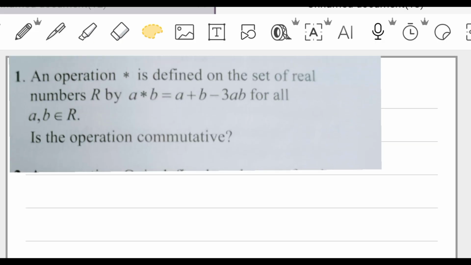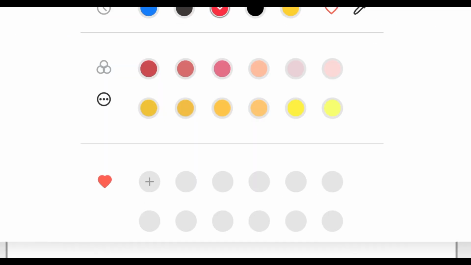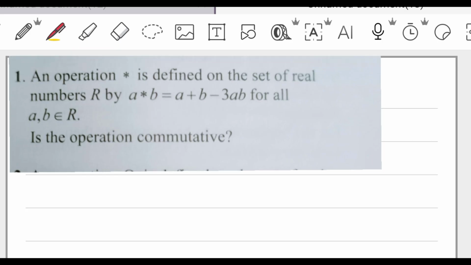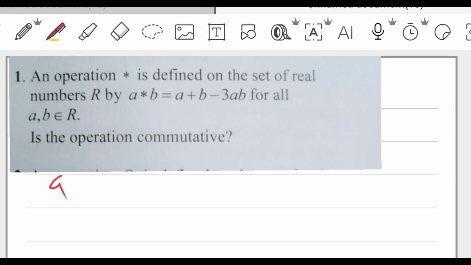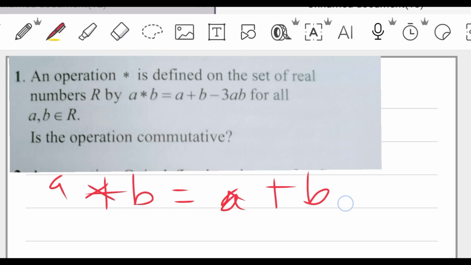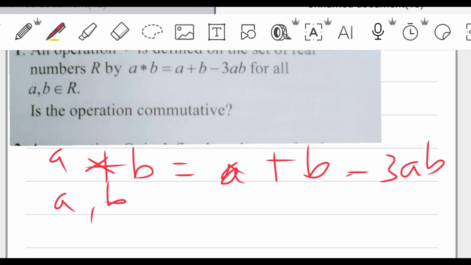So we are going to solve a question to check whether or not an operation that has been given to us is commutative. So the question reads: an operation star is defined on the set of real numbers R by A star B, so A operation B, being equal to A plus B minus 3AB, where A and B are all members of the real numbers.